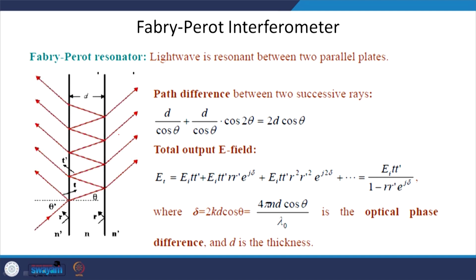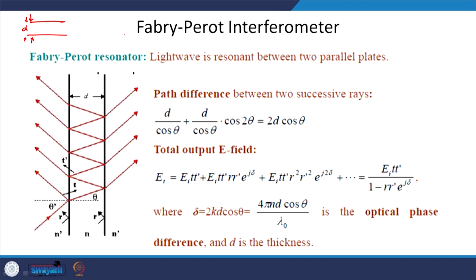Because of multiple reflections you have an interference pattern. If you remember, for Michelson we used to have the thickness between the mirrors approximately d, and then we used to have a fringe pattern.